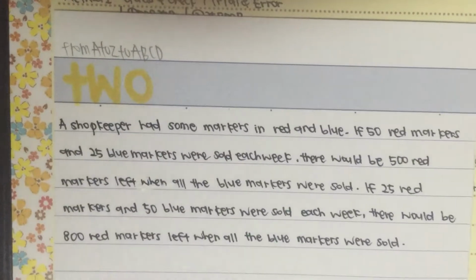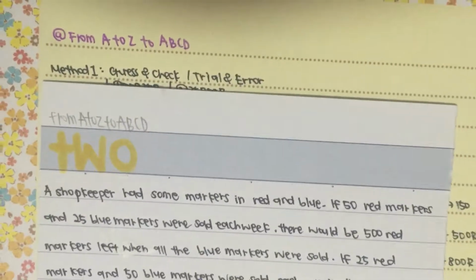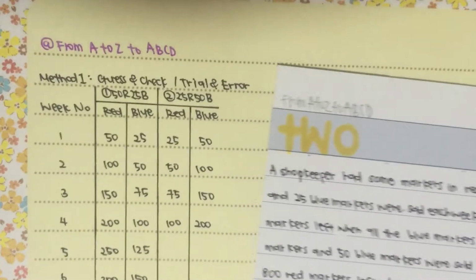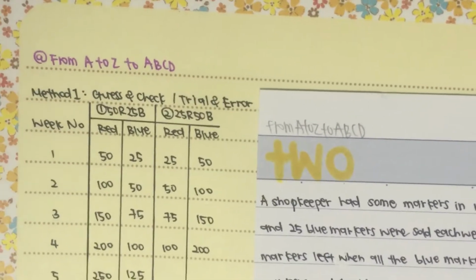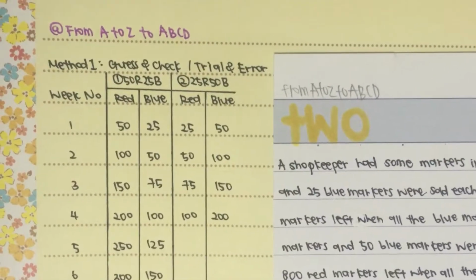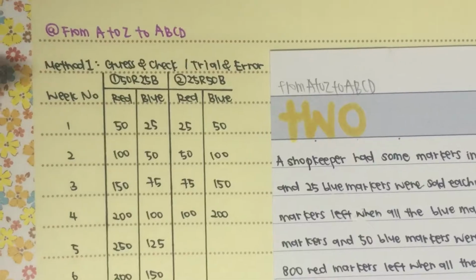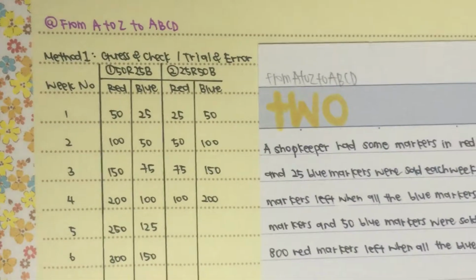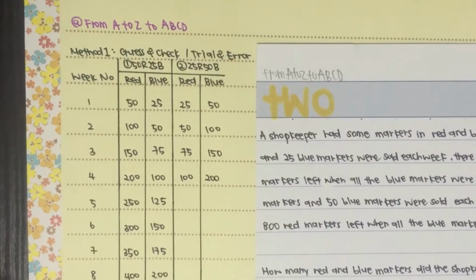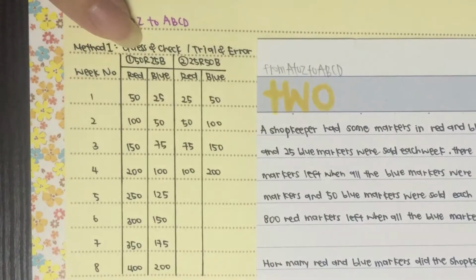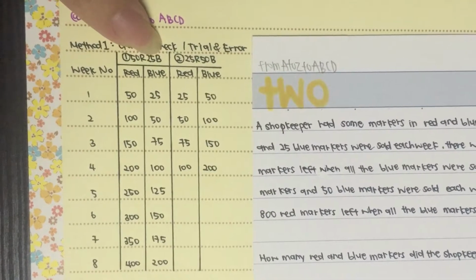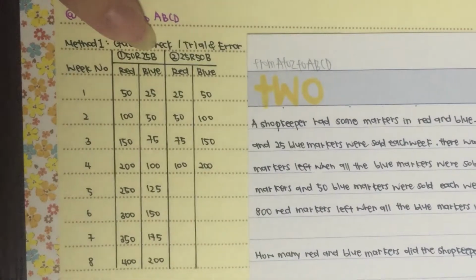So method 1, we are going to use the trial and error method. We are going to form up this table. This table will write down the number of weeks over here. Then in the first scenario, 50 red and 25 blue will be sold each week.